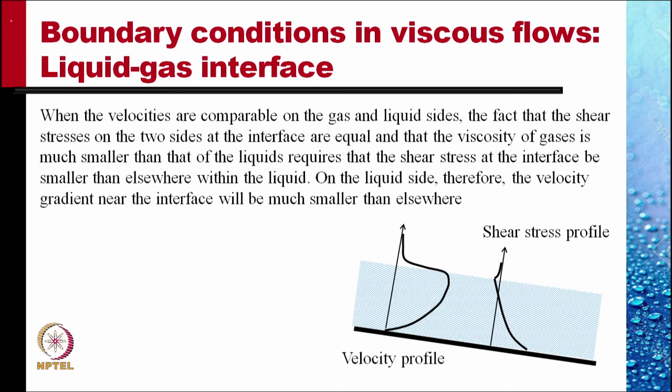When the velocities are comparable on the gas and liquid sides, the fact that the shear stresses on the two sides of the interface are equal and that the viscosity of gases is much smaller than of the liquid requires that the shear stress at the interface be smaller than elsewhere within the liquid. On the liquid side, therefore, the velocity gradient near the interface will be much smaller than elsewhere.